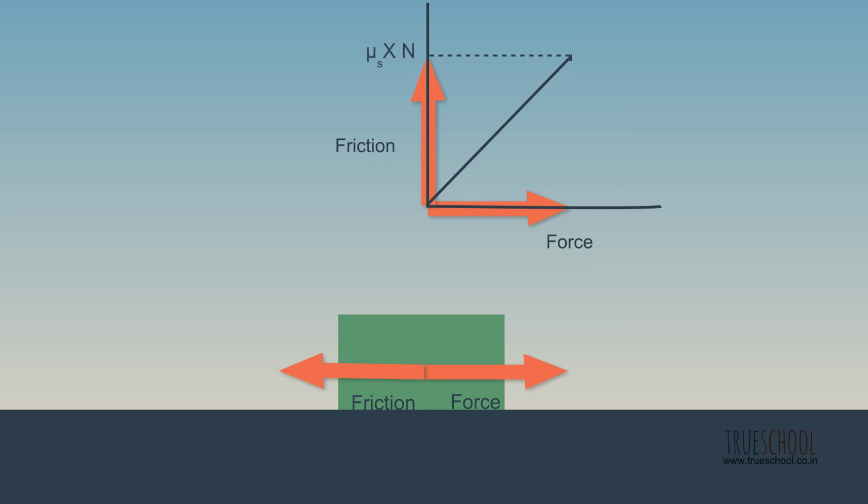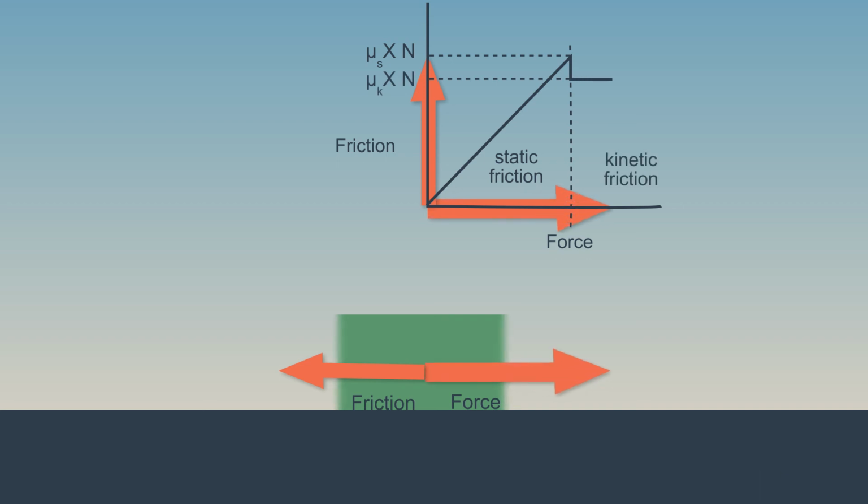This point is given by μs into N, which is the maximum value of static friction. At this point the forces get unbalanced and the block starts accelerating. During motion, this block experiences friction equal to μk into N, and if we keep increasing the force, the value of friction will not change anymore.